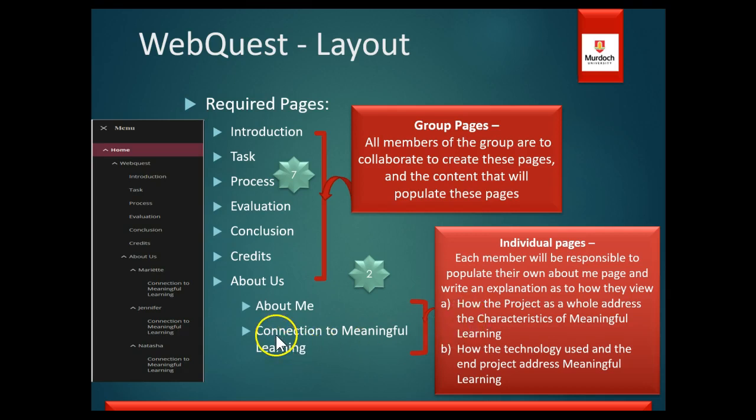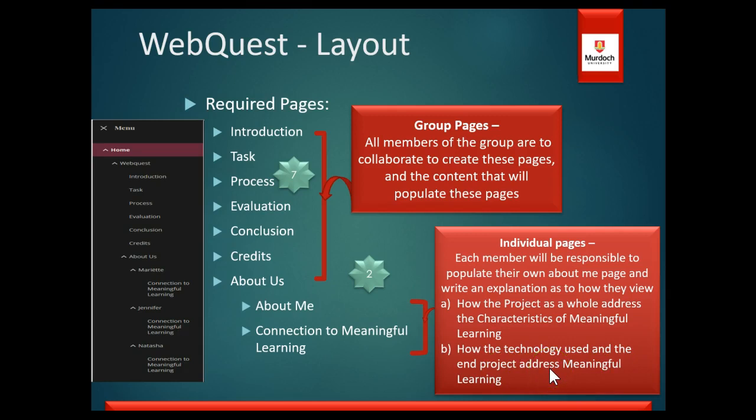And then, for your individual page, you also need to make a connection between meaningful learning and, A, how the project as a whole addresses the characteristics of meaningful learning, and B, how the technology used in the end product would address meaningful learning.